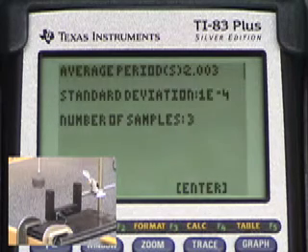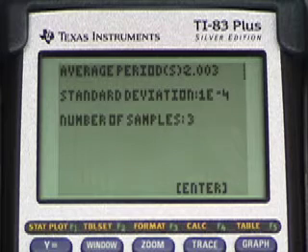You can see at the top of the screen, the average period is 2.003 seconds for a pendulum that is 1 meter long.